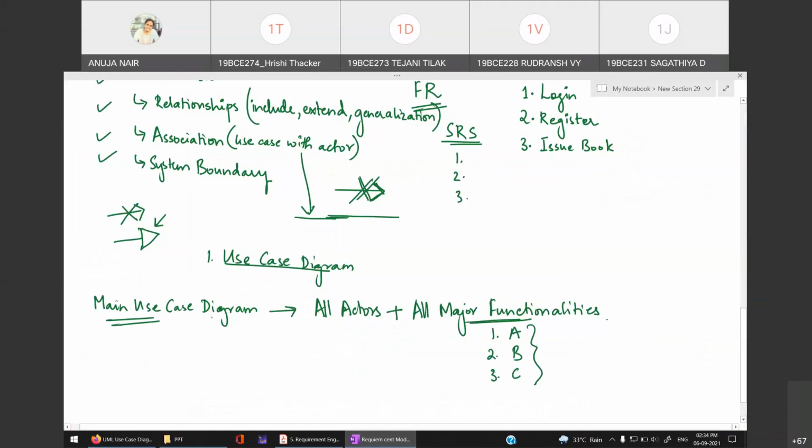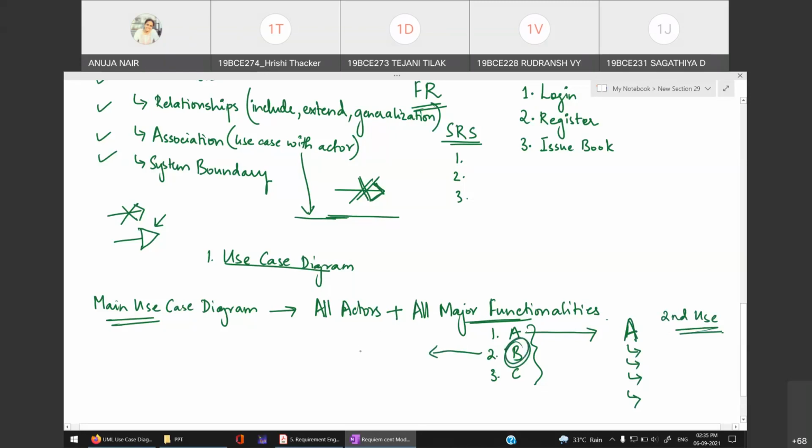Now, what would be your next use case diagram? The next use case diagram will be for functionality A. If there are multiple steps inside functionality A, all those will be a part of your second use case diagram. Similarly, B will also have separate steps in order to perform this B task.